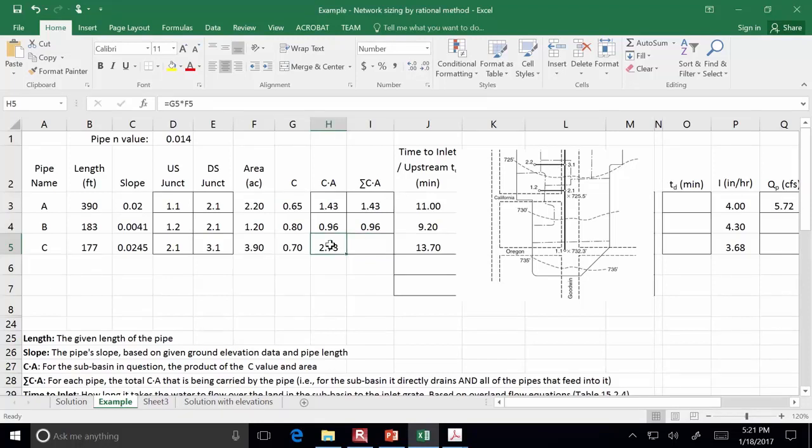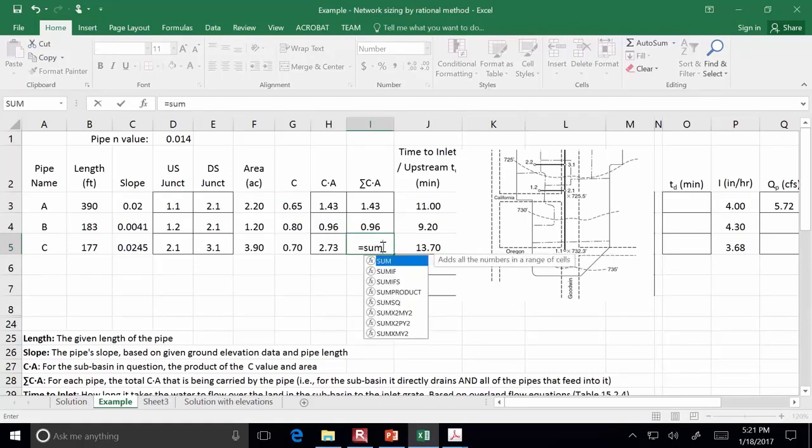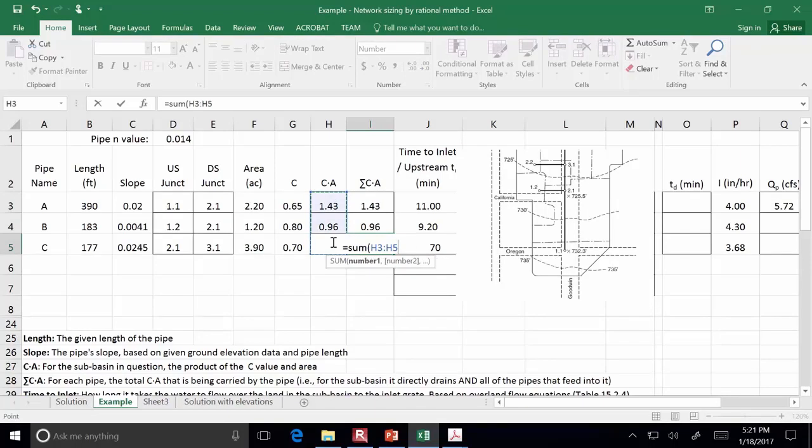It's got not only this area contributing to it, but it's got these 2 areas as well, because there's a total of 3 openings feeding water into pipe C. And so for the sum of the CAs, we should say equals sum, and then add up all of these CAs, because all 3 of those inlets are contributing water into pipe C. Does that make sense? Dynamite.